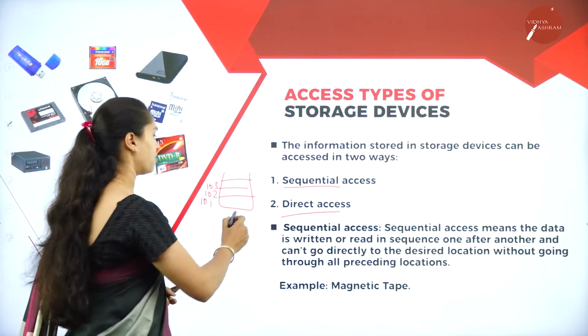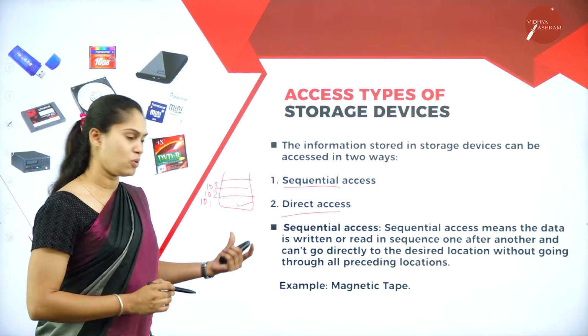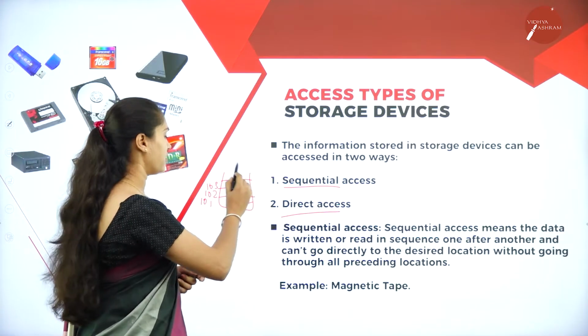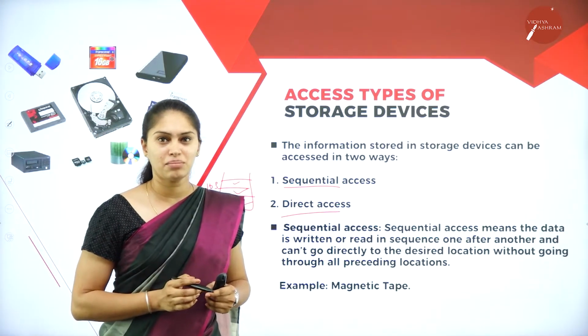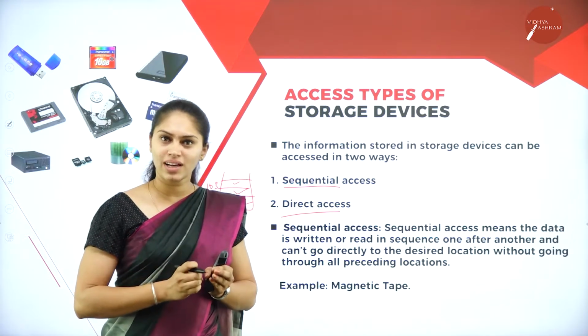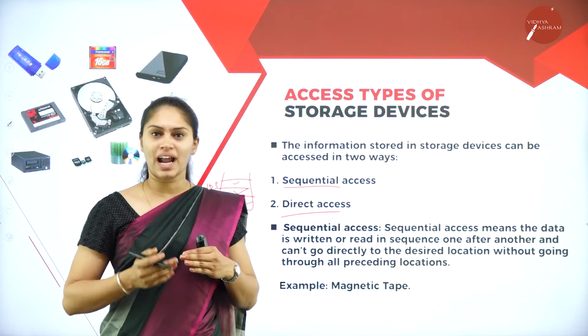That means it will reach the first data which resides in this 101 memory block, then it will move to 102 and again move to 103. It will perform in a linear manner, that is sequential in nature. That means it will access the data and information one by one. So we cannot go randomly.